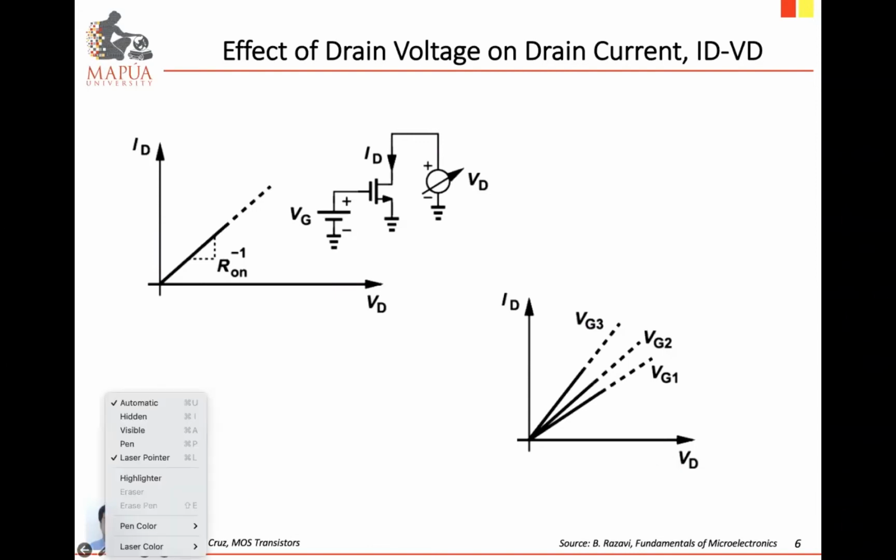So for example, at a drain voltage equal to this value, let's say VD equal to VX, the drain current when VG1 will be equal to this value. When the gate voltage is increased to VG3, then the resulting drain current will be higher.